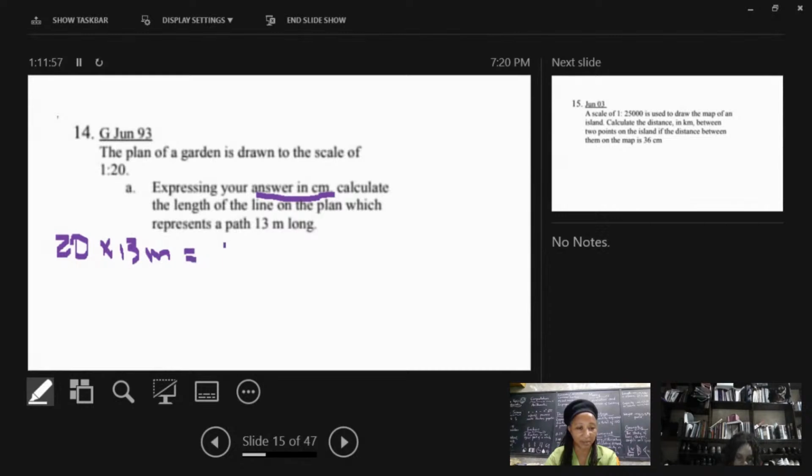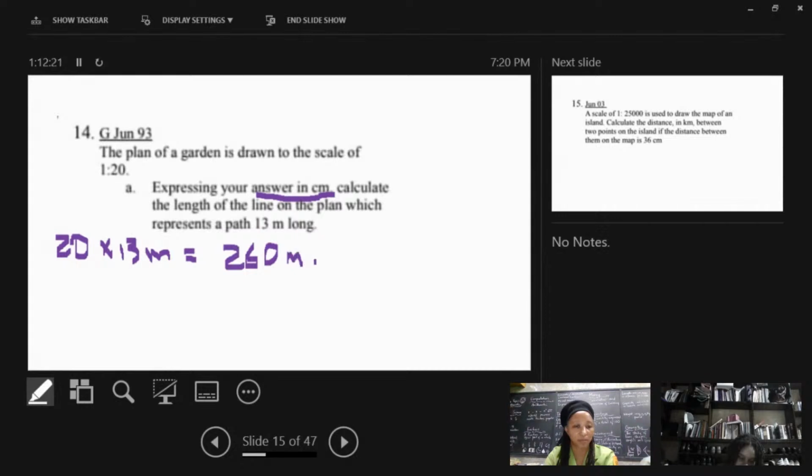Do we divide, meters to centimeters? The bigger unit to the smaller unit, we would multiply. So what's 20 times 13? 260, I believe.